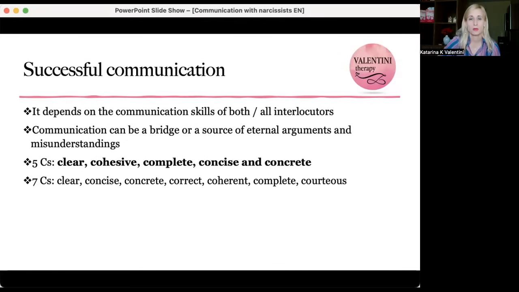If you want to go out for dinner with your partner, then say, "It's my birthday next week. It would be really great if you took me out for dinner." Communication has to be concise and cohesive. So clear, concise, keep it short. Men in particular don't like long messages, long monologues, because they get distracted pretty quickly.